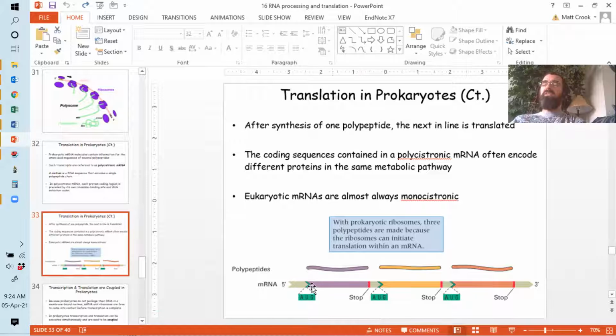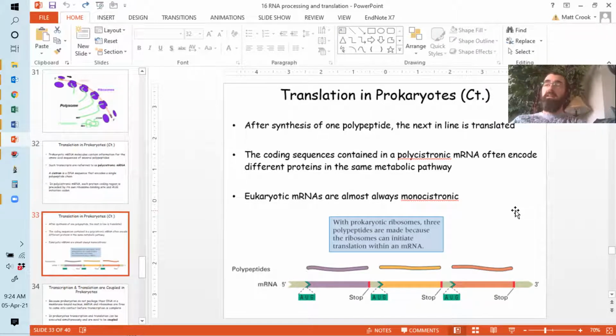And so the information sets are distinct on each one of these, but they're all part of the same mRNA. One of the reasons for that is that in bacteria, genes that are involved in the same process are almost always in a cistron. Almost always.